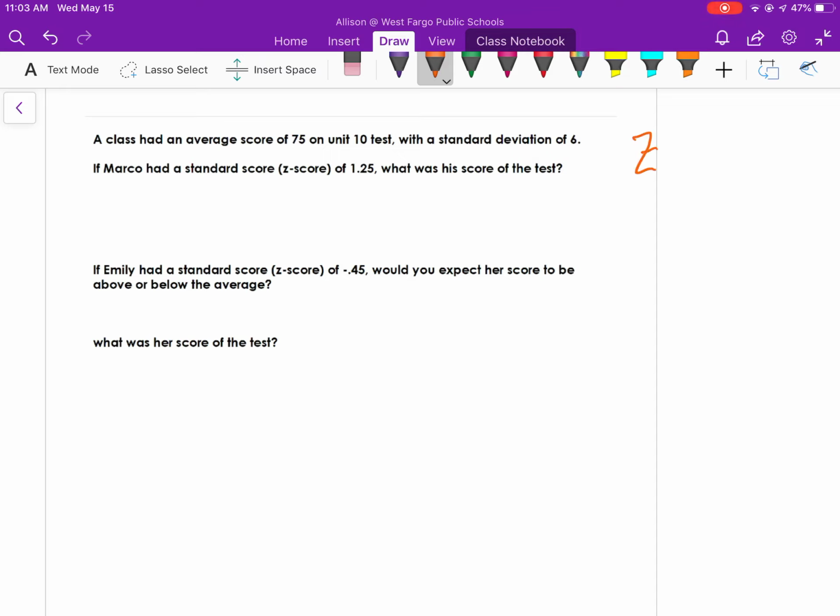I know that I can find my z-score by taking my score, subtracting the average, and then dividing it by the standard deviation. So I'm going to plug 1.25 in for z, and that's equal to Marco's score minus the average, divided by the standard deviation of 6. And so now I can solve for Marco's score, which is represented by the x.